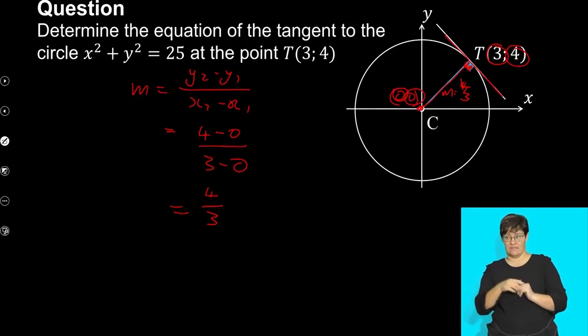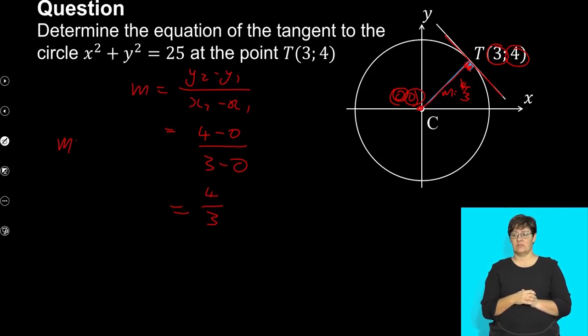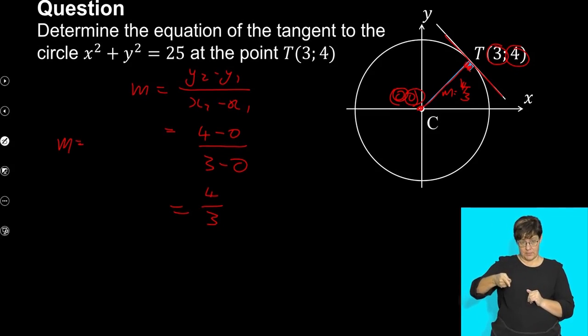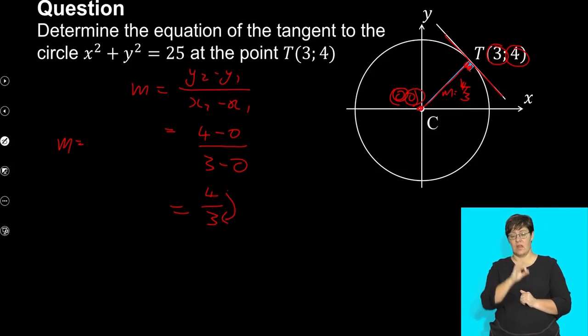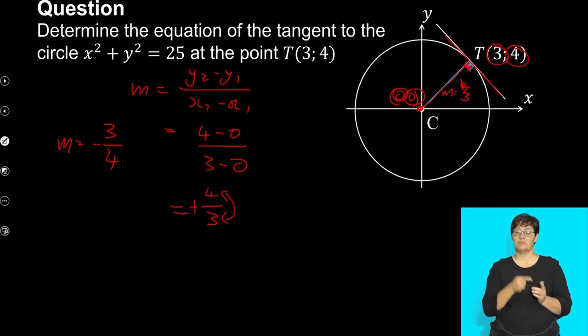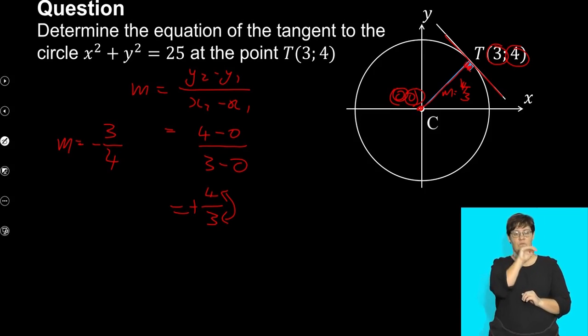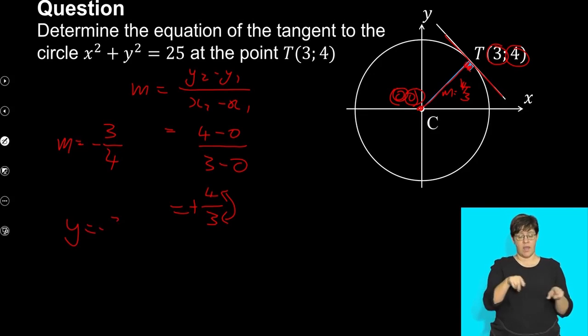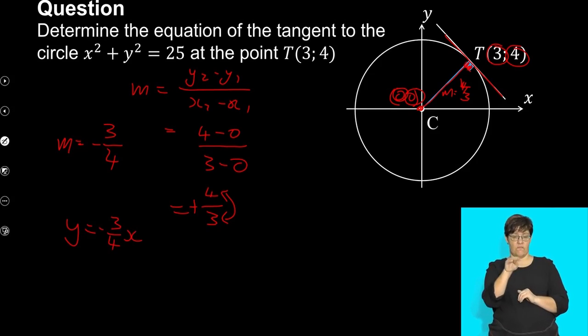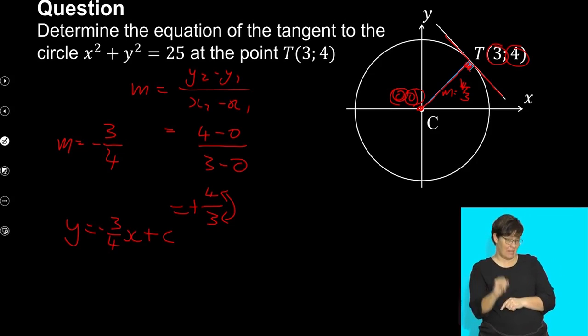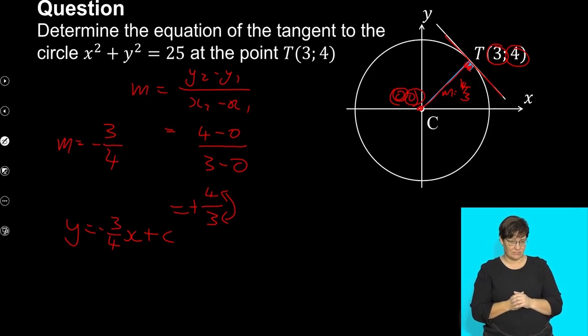So I flip over 4 over 3, I get 3 over 4, and I change the sign from positive to negative, and the gradient of my tangent is going to be -3 over 4. So now I have my gradient.